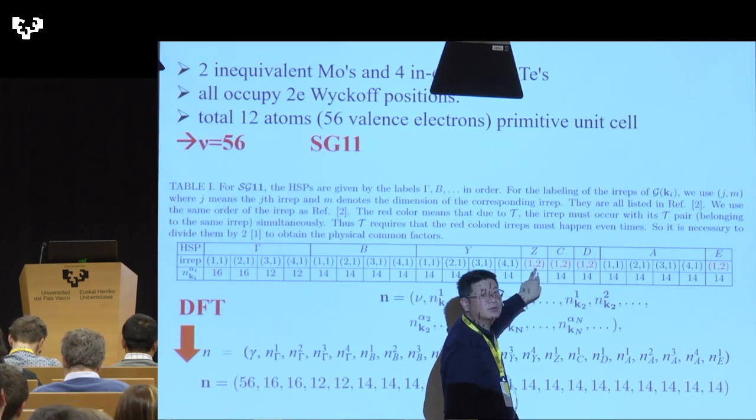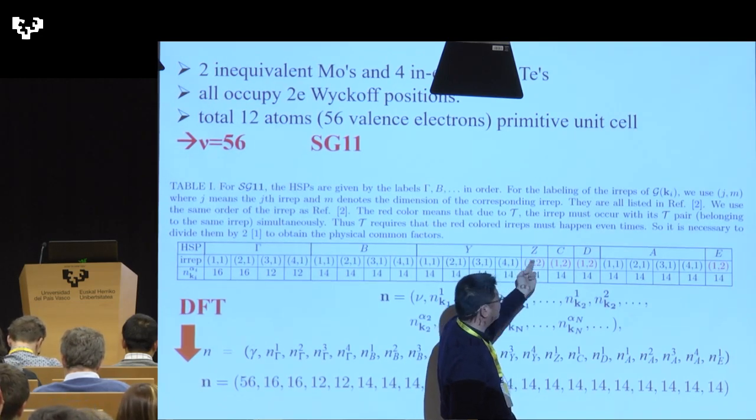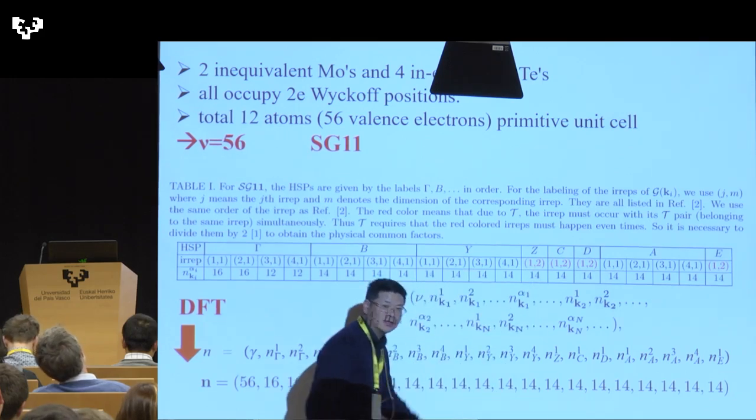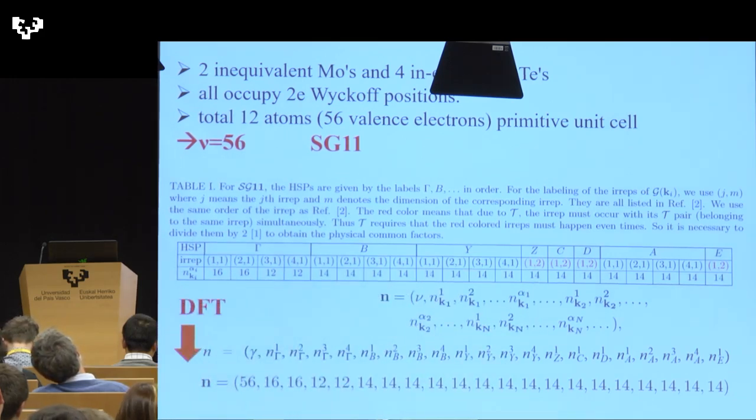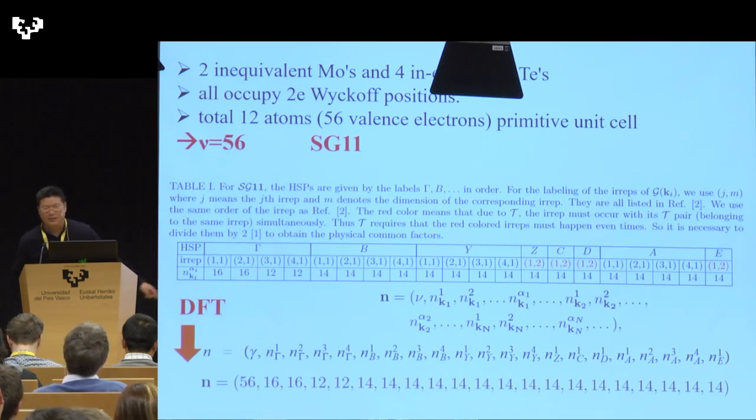This representation is two-dimensional, but if you have time reversal symmetry, it can double, so the degeneracy is 4.